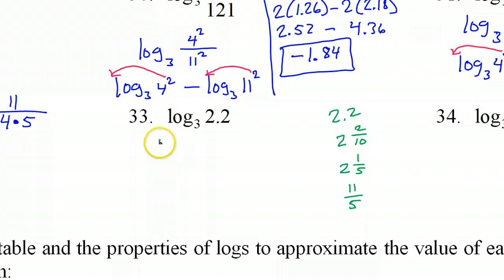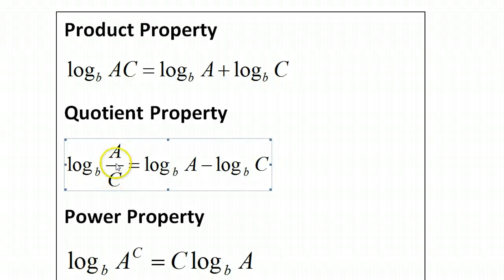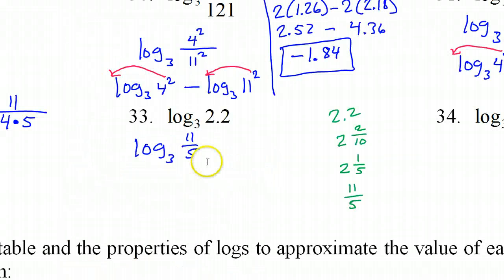Anyway, I want to go back to blue. This becomes log base 3 of 11 over 5. And then I can use my quotient rule and split it up as subtraction. So this would be log base 3 of 11 minus log base 3 of 5.